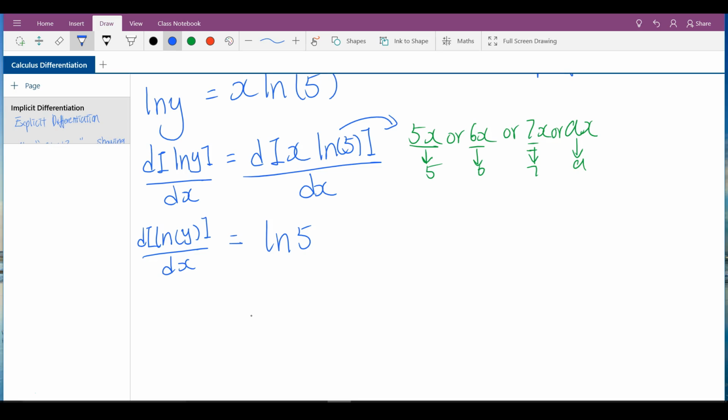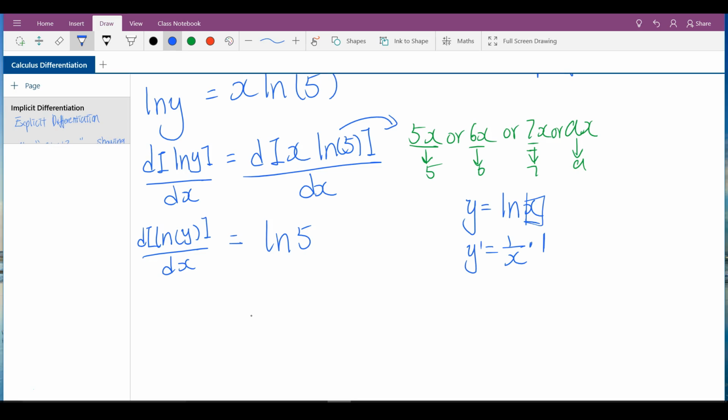Or ln x, let's put it this way. How do you normally differentiate ln x? Well, we know that if y equal to ln x, y dash is equal to 1 over x, multiplied by the derivative of that particular thing, but in this case it's 1.